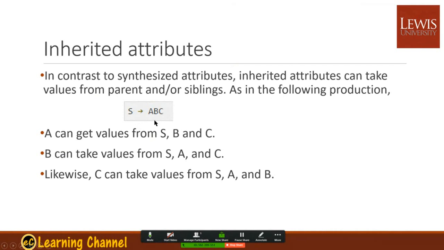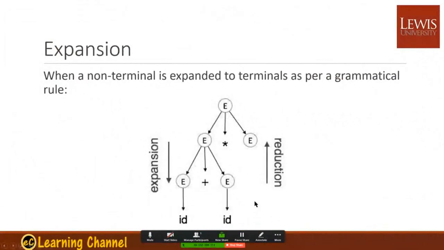As in the following production rule: A gets value from S and B and C, B can get value from S, A, and C, and likewise C can take the value from S, A, and B, but usually it's the left-hand side attribute.